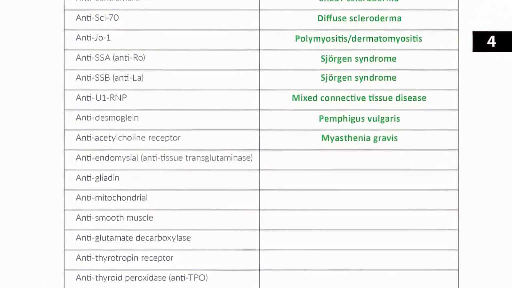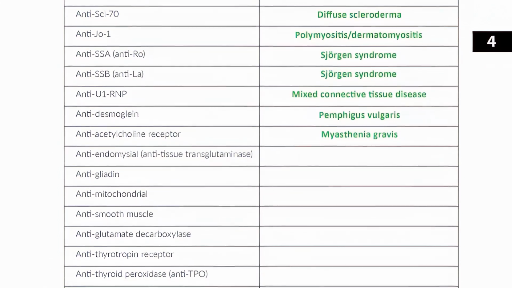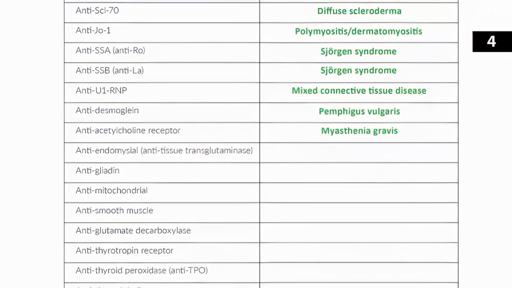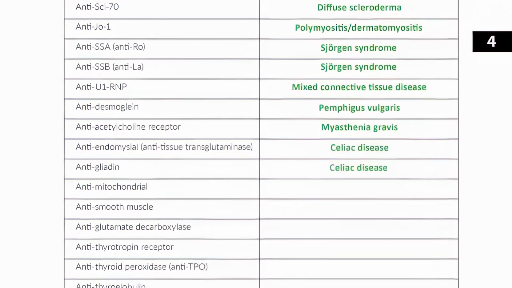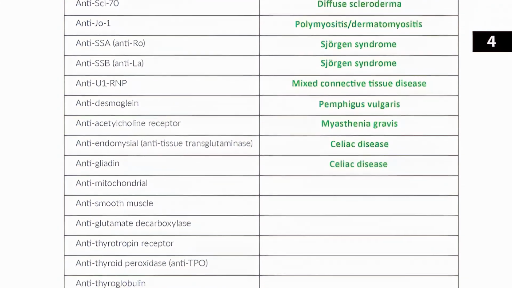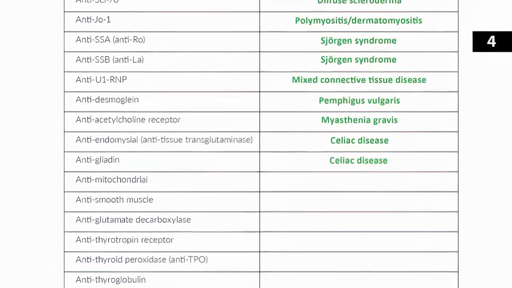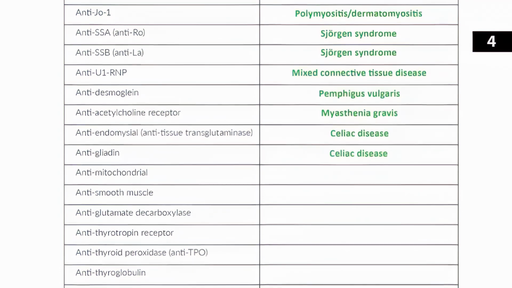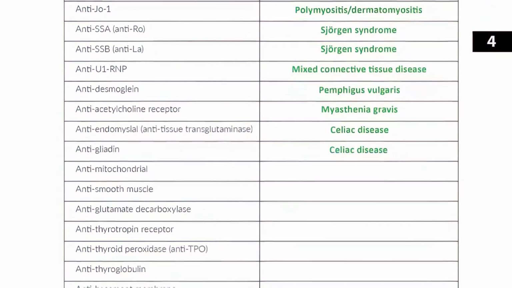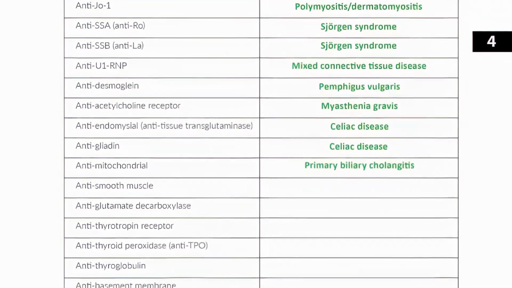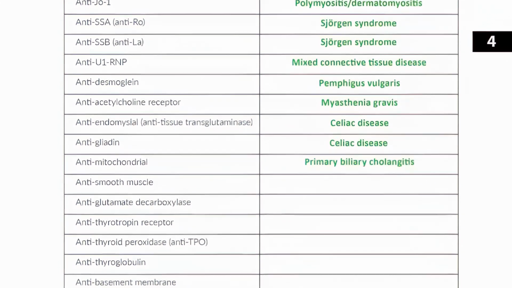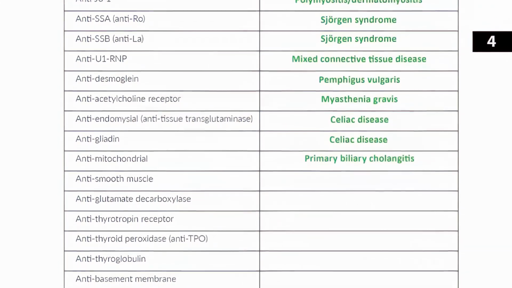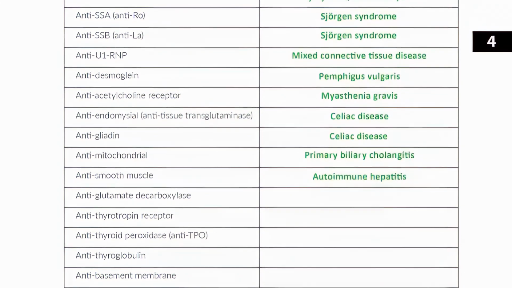Anti-endomysial or anti-tissue transglutaminase antibodies and also anti-gliadin antibodies are associated with celiac disease, where you have a gluten intolerance, and that leads to blunting of the microvilli on your enterocytes and malabsorption. Anti-mitochondrial antibodies are seen in primary biliary cholangitis, and anti-smooth muscle antibodies are seen in autoimmune hepatitis.